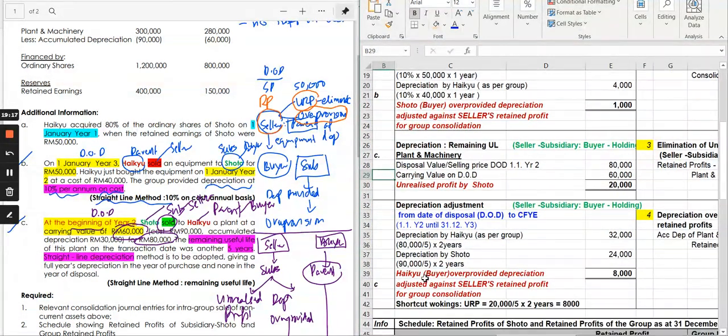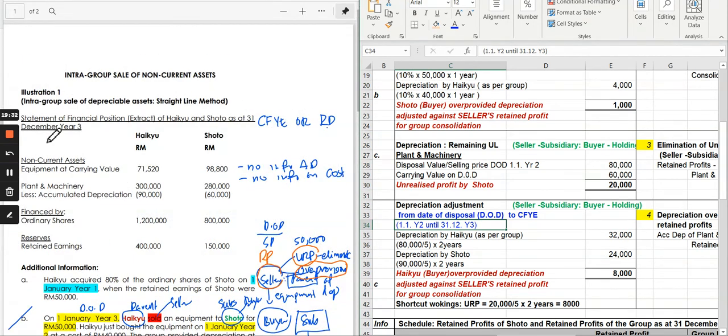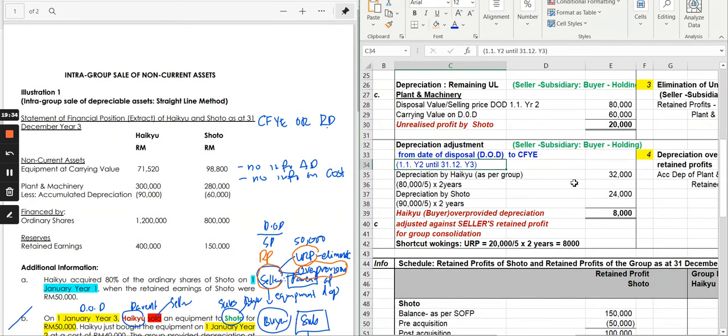And here you have the adjustment for depreciation again, but in this example it will be for 2 years. Why? The date of disposal is 1st of January, and the current financial year end is 31st of December, year 3, the date you do the consolidation. So depreciation should be adjusted for 2 years.